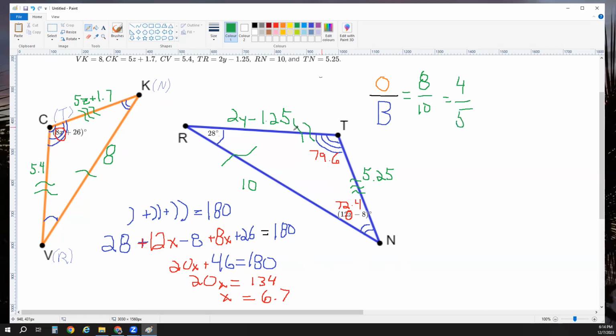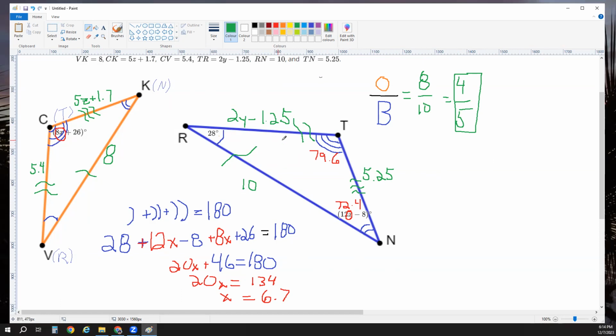Okay. All right. So now, if I want to solve for any one of these, I just need to take that ratio there and multiply it by whichever one I want to be defined, right?